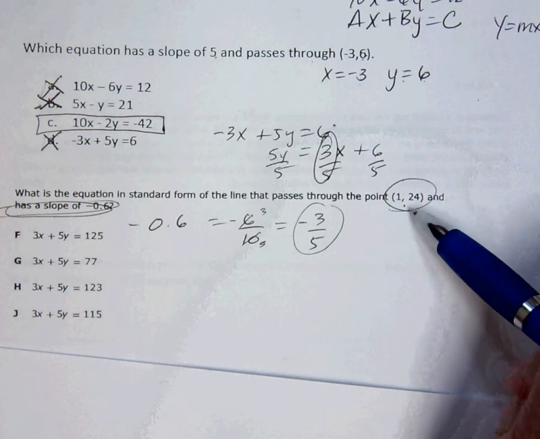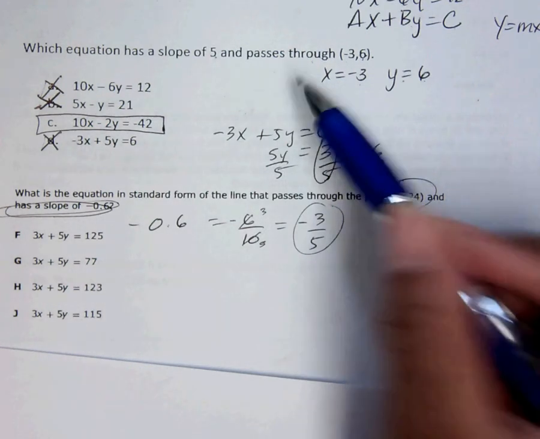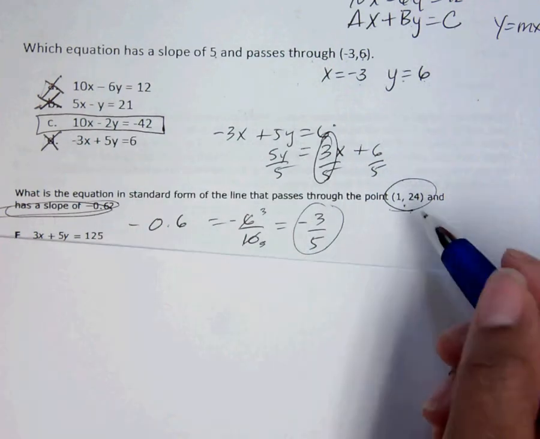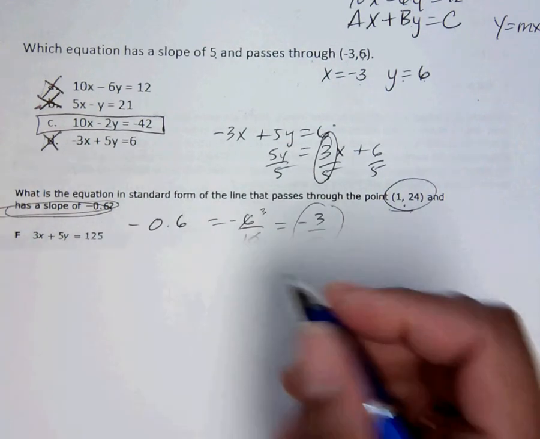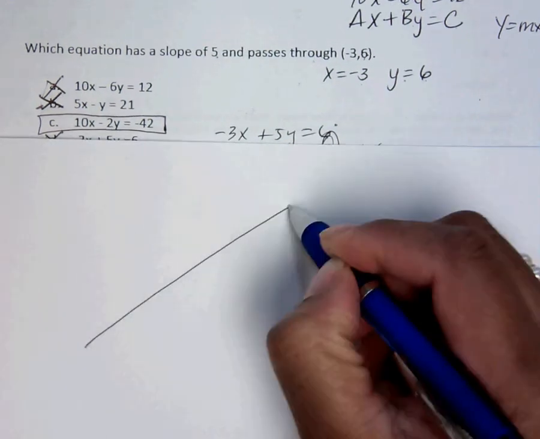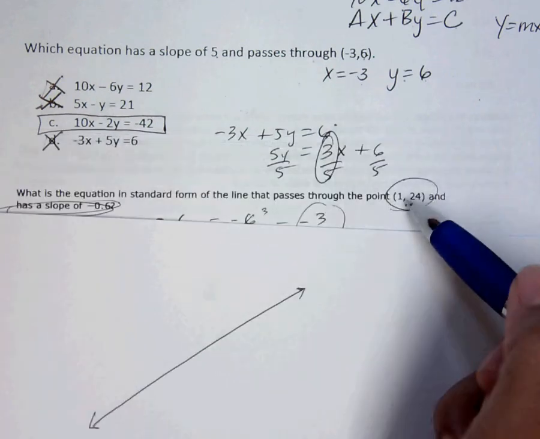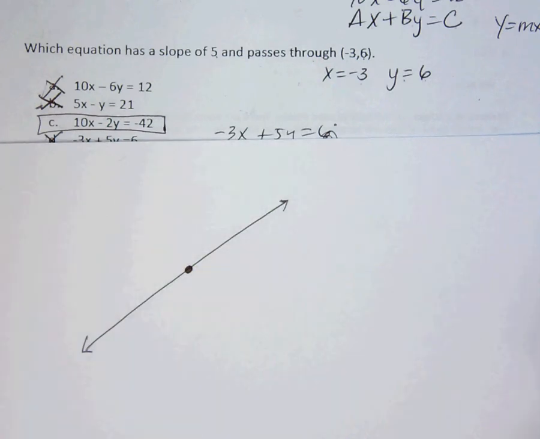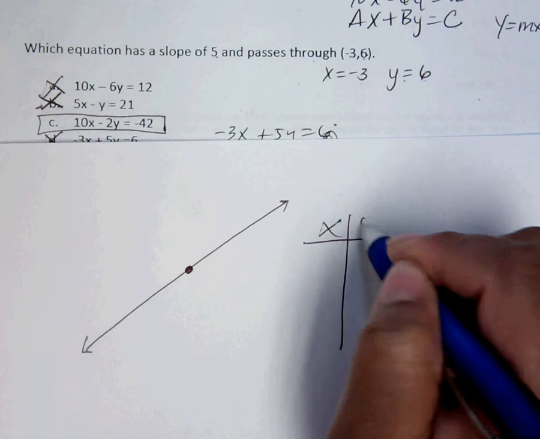But it also needs to pass through that point. Now, I didn't mention this on the last problem, but since this is the same problem, I do want to say this. When it says passes through that point, that means when you take these equations and you put them in the calculator and you graph them, you will see a linear equation. It's going to pass through that point because that point is going to be on that line. Not only is that point on that line, that point is on the table.